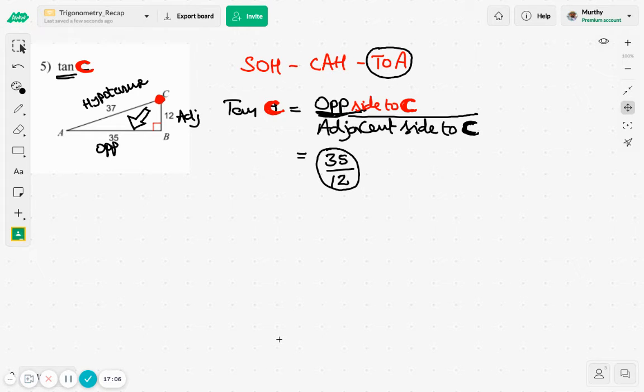Yes, but the denominator is not. Therefore, I don't see a number that divides the numerator and denominator by the same value. Therefore, I say that 35 over 12 is in its lowest terms. Therefore, this is going to be my final answer for finding tan C.